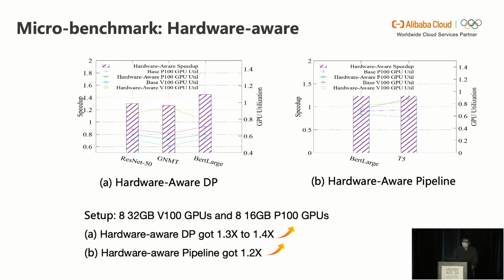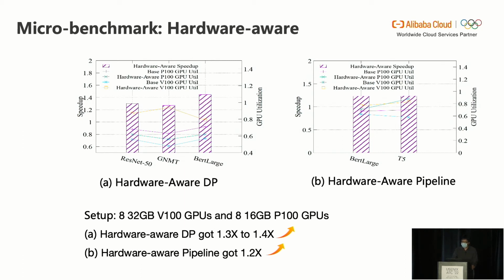In terms of hardware-aware load balancing results, for data parallelism, we evaluate 3 typical models, including ResNet-50, BERT, and GNMT. The experiments are conducted on heterogeneous GPUs that consist of 8 32-gig V100 and 8 16-gig P100.